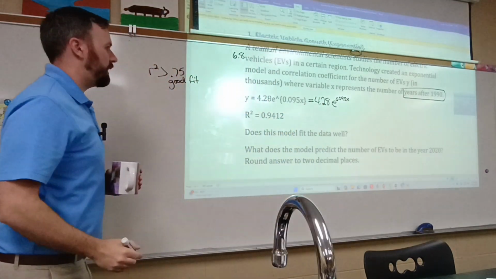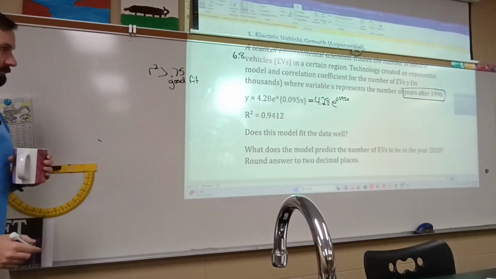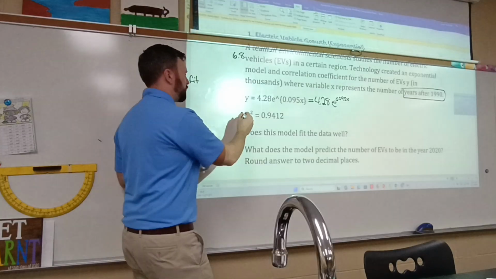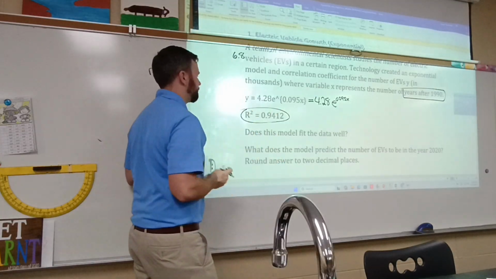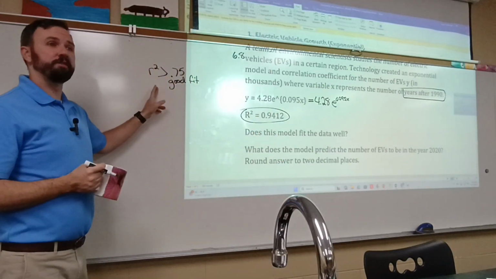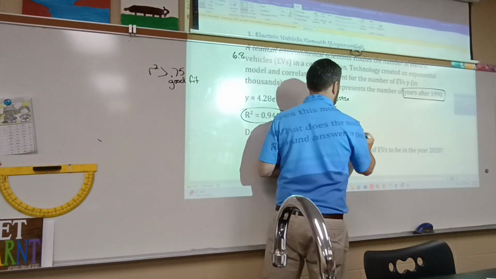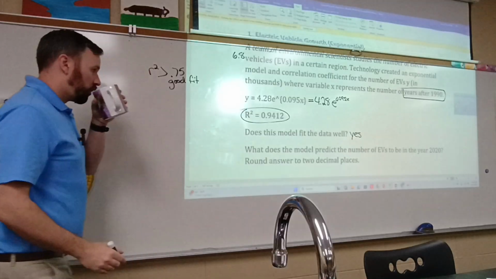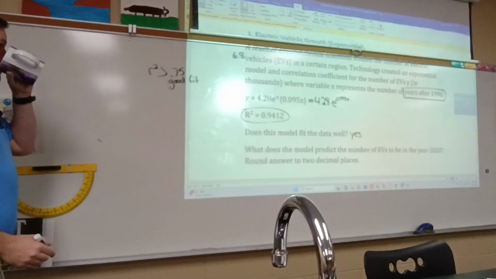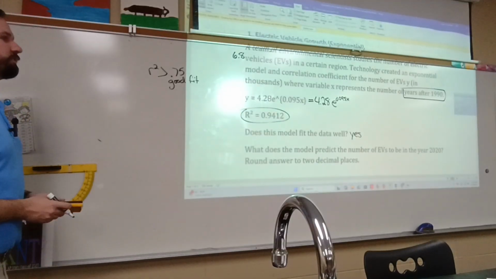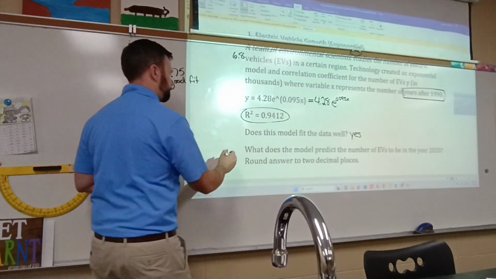All right, first question. Is this model a good fit for this? What's my r squared? Is it greater than 0.75? Yeah, so that's a yes. It's a great fit for it. All right, what does the model predict the number of EVs to be in the year 2020?